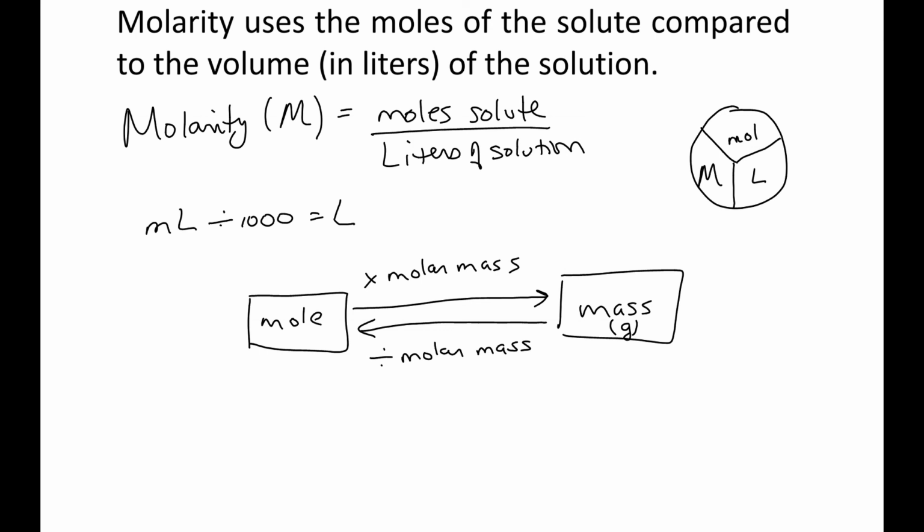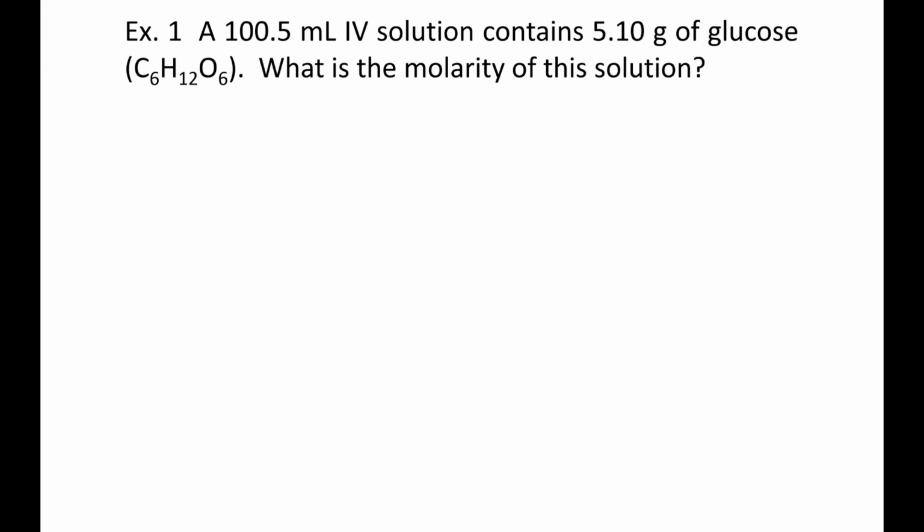Okay, example 1. A 100.5 milliliter IV solution contains 5.10 grams of glucose. What is the molarity? So if we're looking for molarity, we don't know what that is. Now, for the moles, we're given grams.